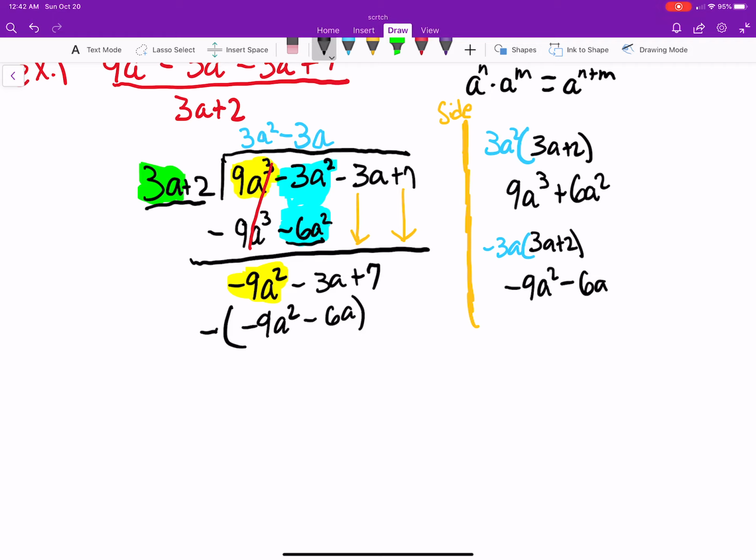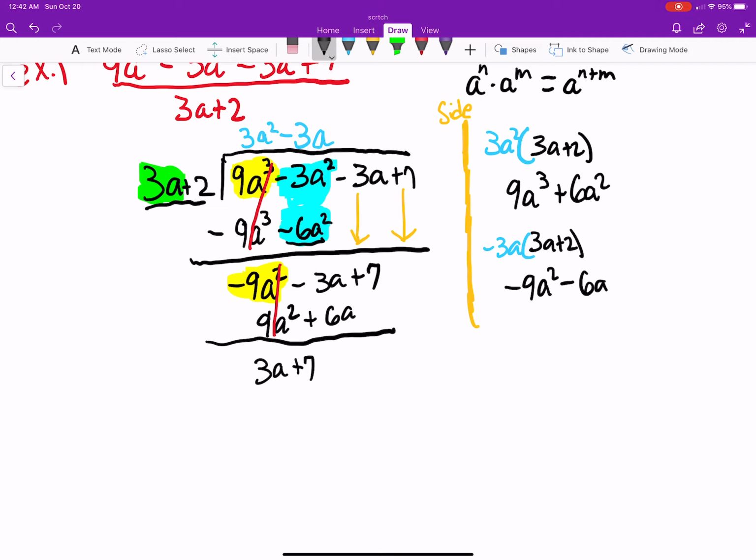I'm going to go ahead and distribute the negative to each term. Okay? So I'm going to erase that bit. That makes this positive. That makes this positive. And now we can add. And just like before, this bit cancels. And we're left with 3a, because minus 3a plus 6a is just 3a, plus 7.